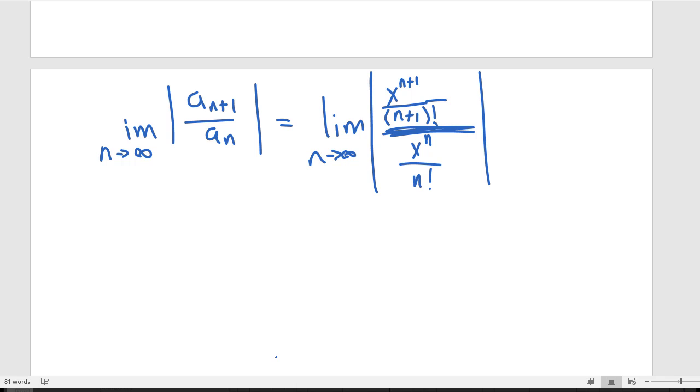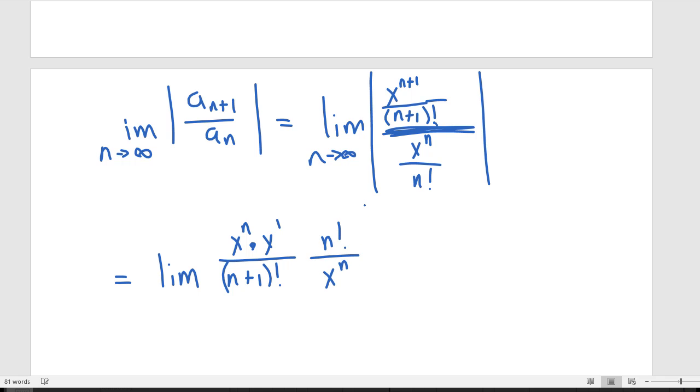Now remember, the beauty of the ratio test is, factorials clean up really nice, exponentials clean up really nice. So we did this in 11.8. I'm going to break up the exponential term. This is x to the n times x to the 1 over n plus 1 factorial. And then I'm going to flip and multiply this denominator. That's going to be n factorial over x to the n.